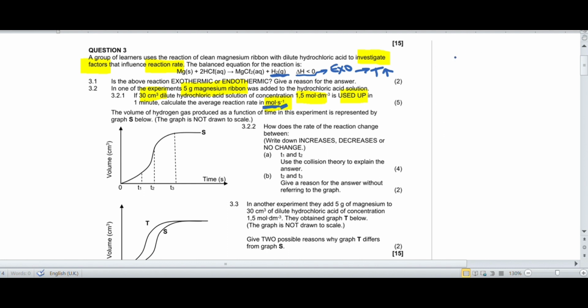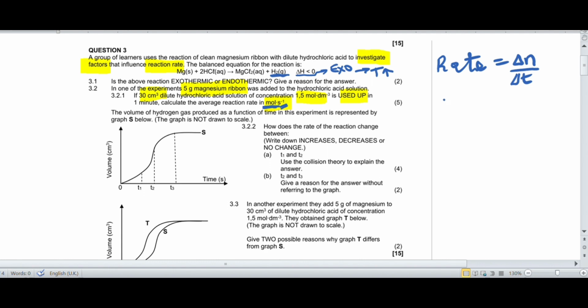Now we need the number of moles, so the rate will be equal to change in number of moles, because the SI unit is change in number of moles per second. All right.